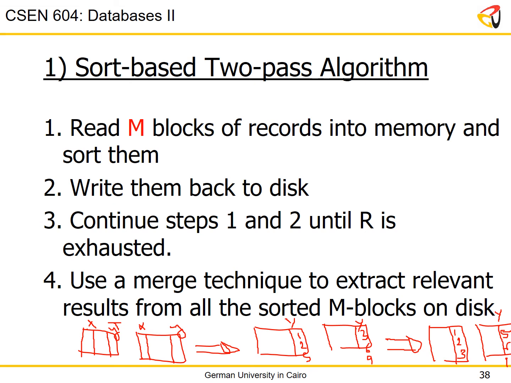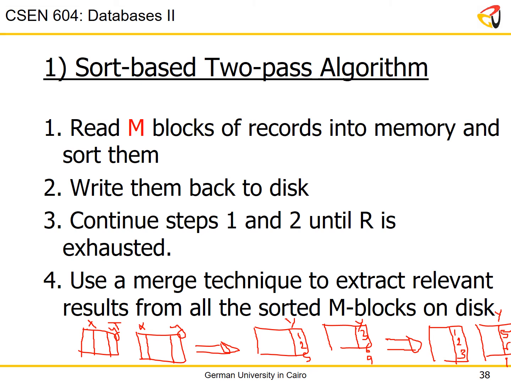Okay? So let me try to write them down. So now after the sorting, this is like this, 1, 2, 5. And this is like this, 3, say 6, 9. So this is sorted, but together they're not sorted. So in a sort-based approach, we make a copy of the data, we sort every page separately, and then we go through a third phase where we do merging.